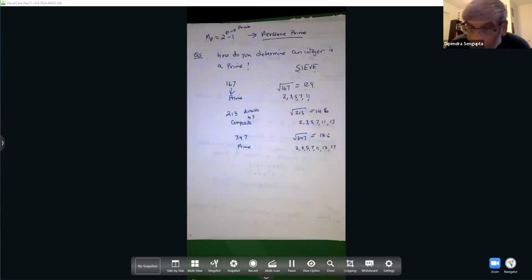So this is one algorithm. I just showed you that you can always use this to determine whether a number is prime or not, right? Make sense? Good.